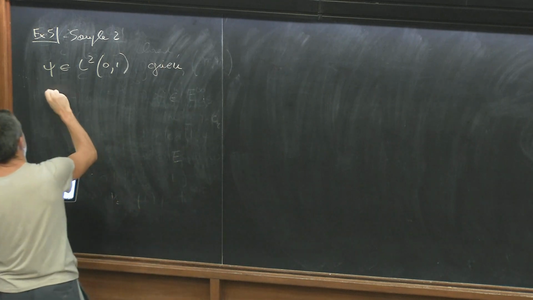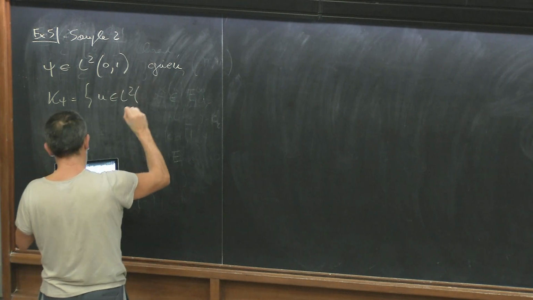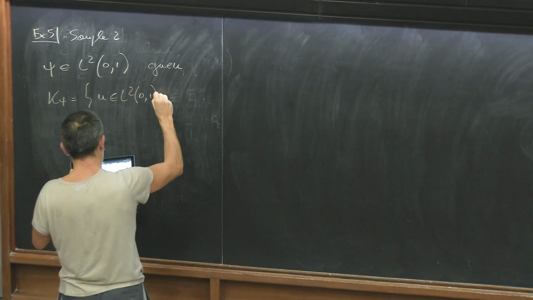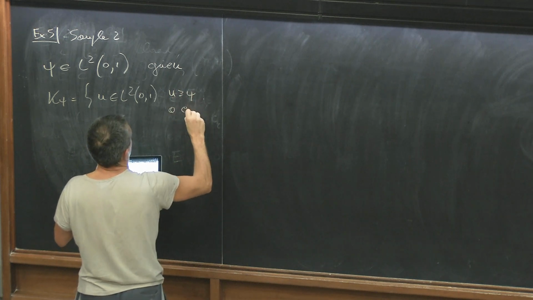And we define K psi as the set of u in L2(0,1) such that u is greater or equal than psi, almost everywhere.